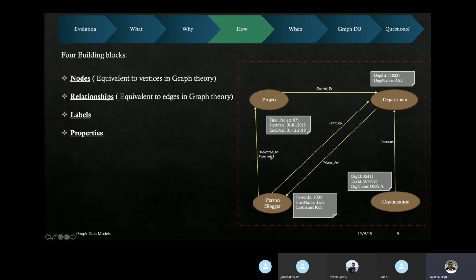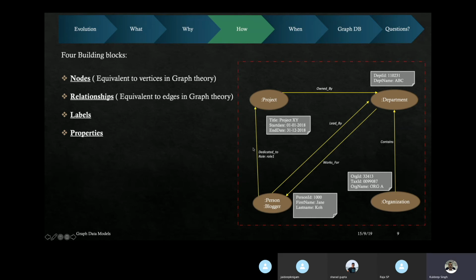And this role one is a property of this relationship. You can see from here that one node can have more than one relationship to one or more nodes. It can also have more than one relationship between the same two nodes, and it can also have a relationship to itself. That is also allowed.